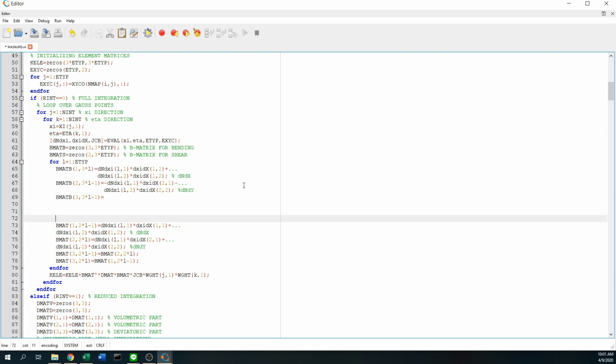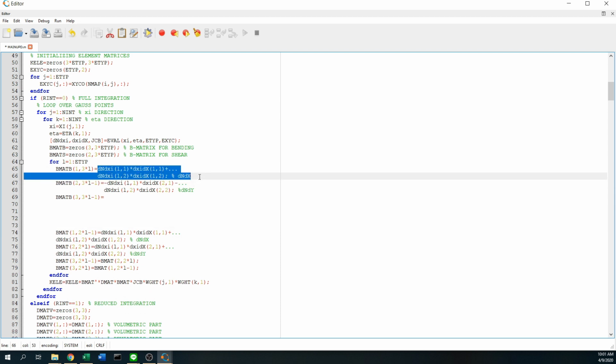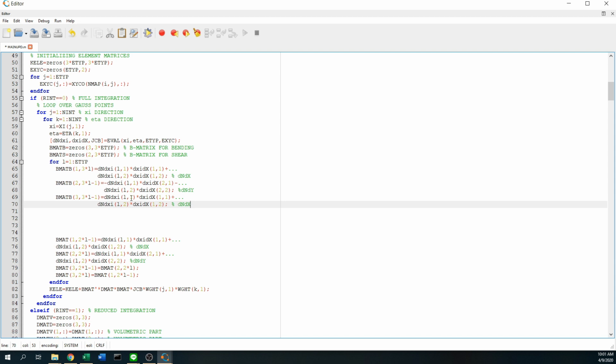So this one is going to be what? x first, right? Put a minus sign, and remove this part here, and it is just this.